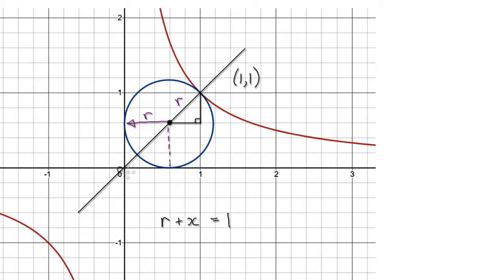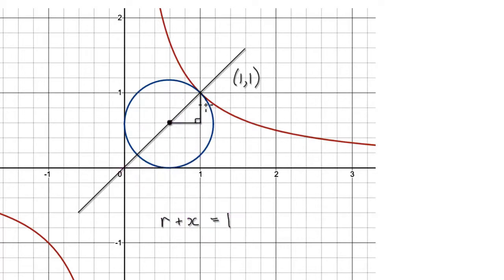You know that this length, which is r, plus this length, which we don't know, we're just going to call x, must equal 1, because this total length here is 1. So r plus x must equal 1. Our job is to find x for the time being. Once we know x, we can work out r.